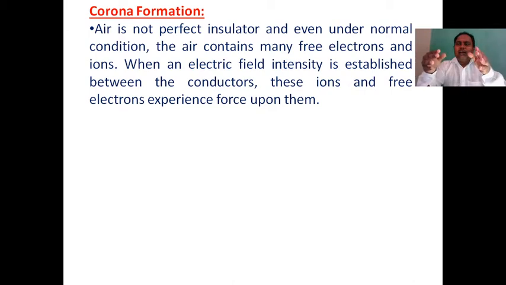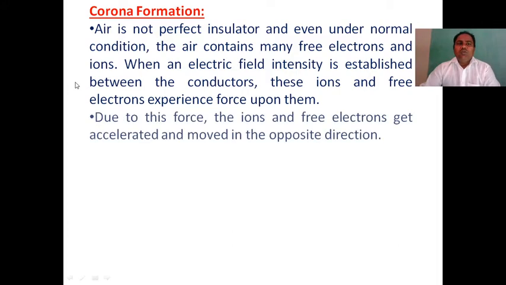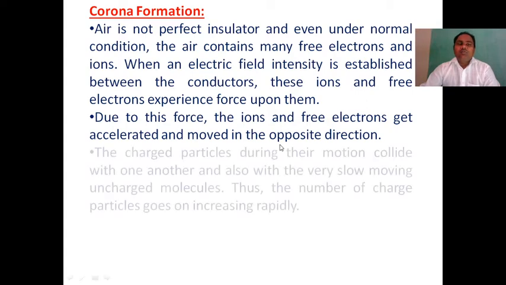In between them some molecules are present. This high electric field intensity causes stress on the ions. Due to this force, the ions and free electrons get accelerated and move in opposite directions.